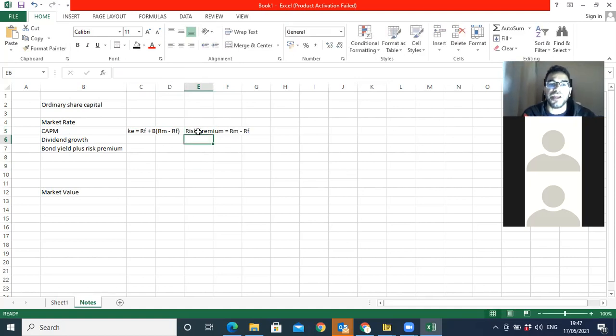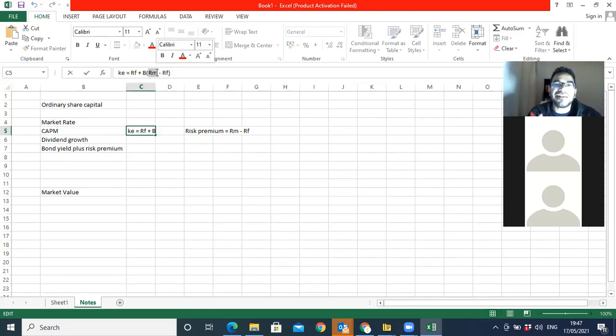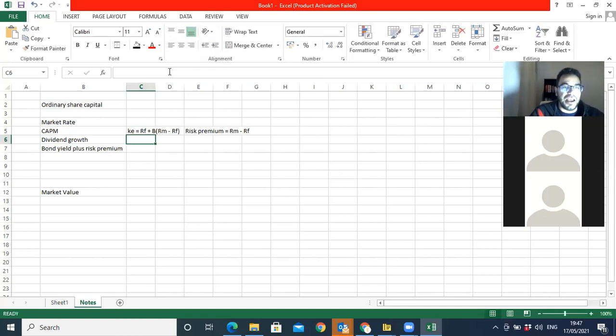In this question, they never gave us the market rate, they never gave us RM. They gave us the risk premium. So what did they give us? They gave us this full bracket. It's very important. Don't make the mistake of assuming the risk premium is the market rate. Okay, so just understand that.